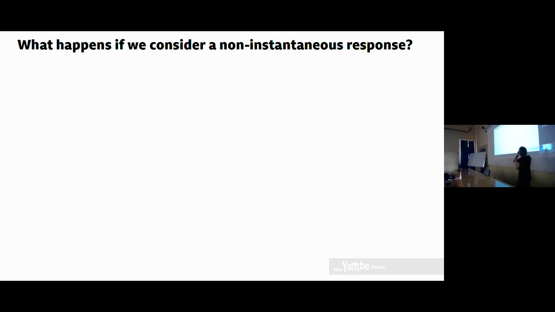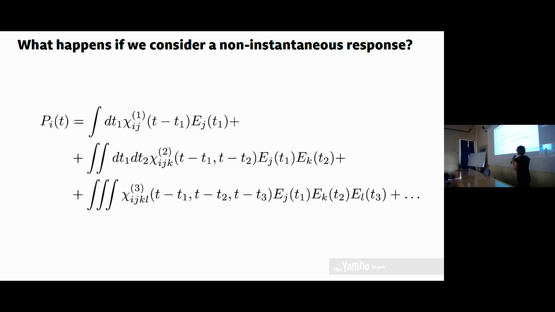Also, we have considered an instantaneous response. So what about a non-instantaneous response? If this is the case, then the polarization at time t depends on the field applied at all previous times, and therefore the response will depend on the time of the polarization and the time of the field, and I have to integrate over all times preceding the time at which I'm looking at the polarization.